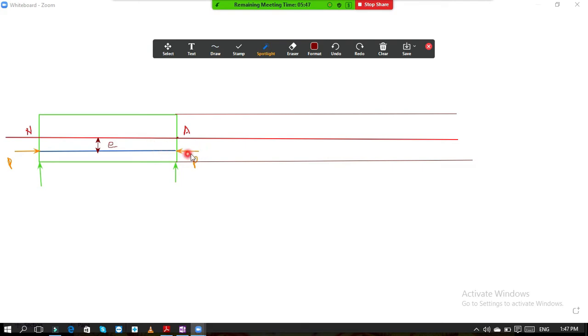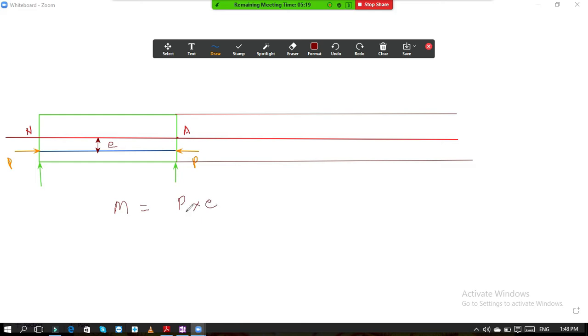Initially this pre-stressing force was acting at the neutral axis, so its eccentricity was 0. But now this pre-stressing force is acting at some distance from the centroidal axis or neutral axis. So this P will cause some moment about this neutral axis, and that moment M is P into e.